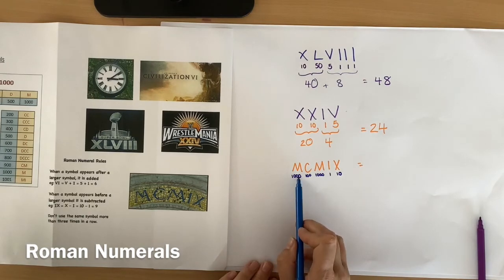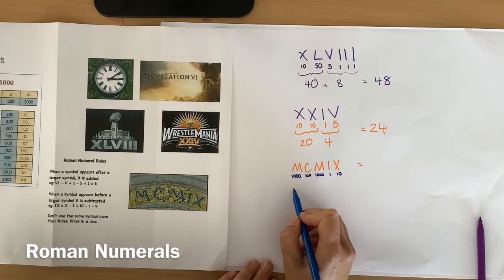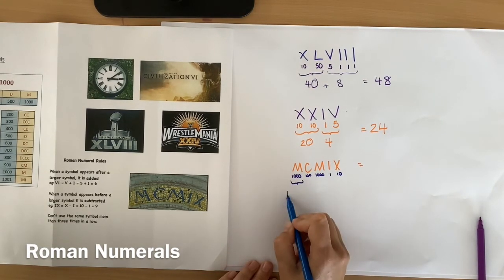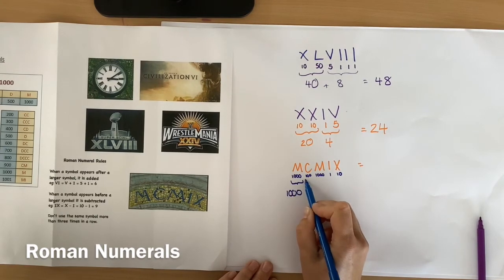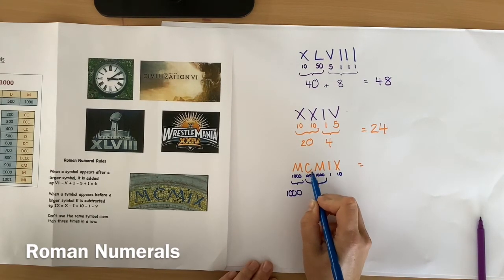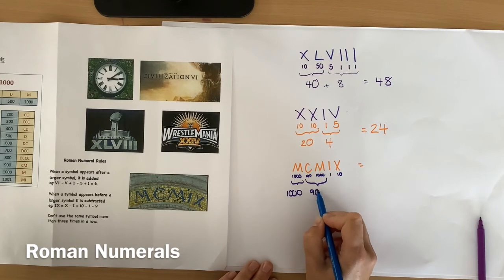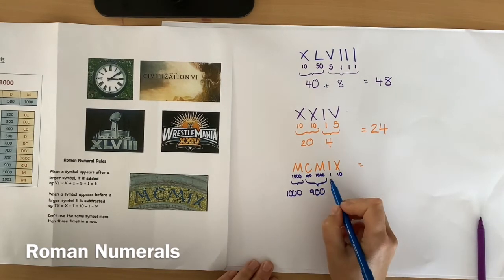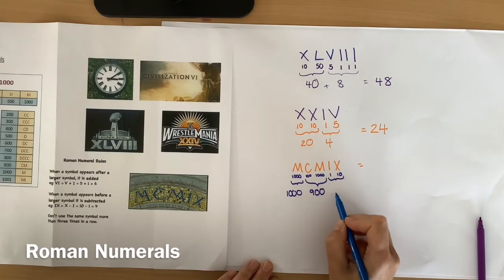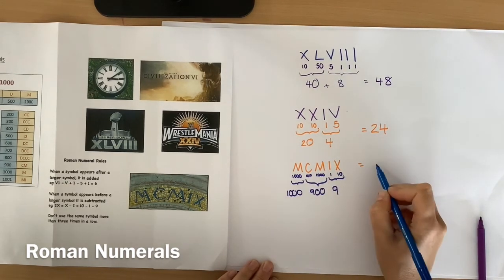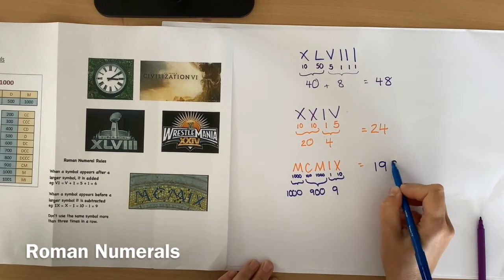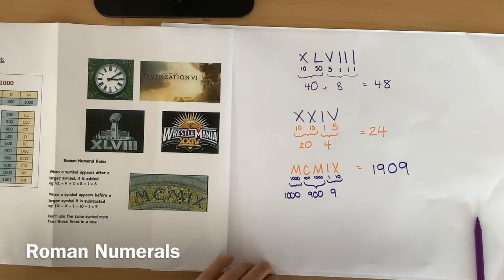So this one will come on its own, M, so that's 1000 as it is. CM, well, that's 100 less than 1,000, so that must be 900. And then 1 less than 10 is 9, so that must be 1,909. Okay, I'm going to show you your task and then I'll be back tomorrow with the answers.